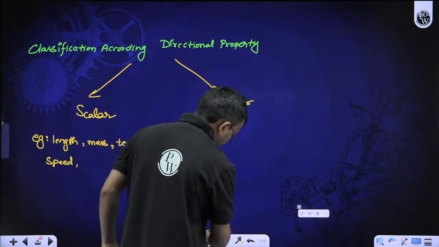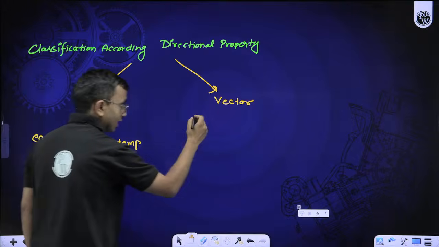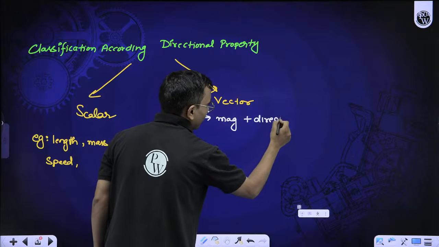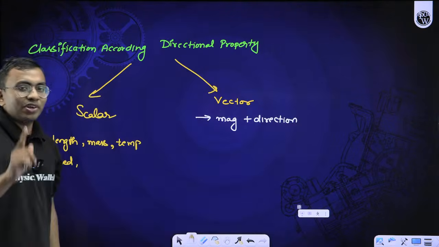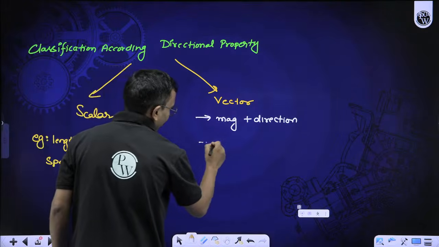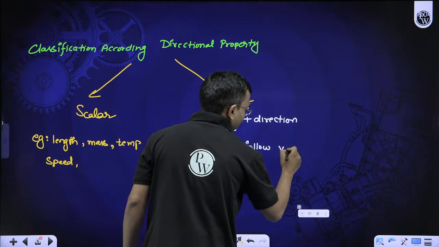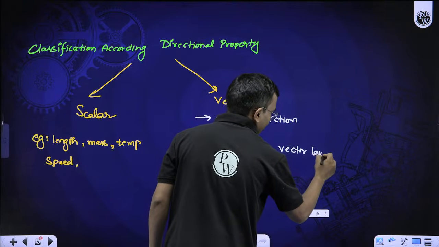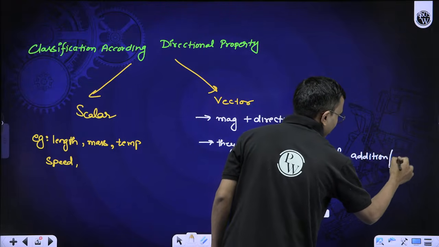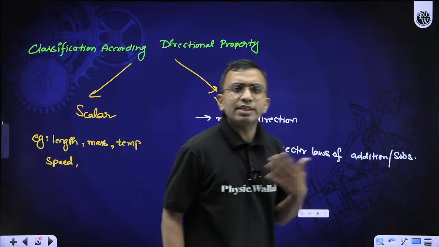Here we have physical quantities that have magnitude and direction, and they follow vector algebra, the vector laws of addition or subtraction. If that is there, we will say the physical quantity is a vector.